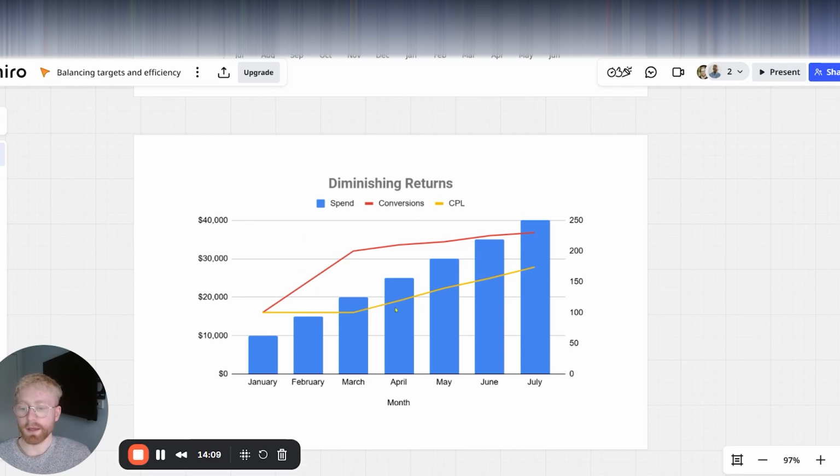And you can see it here, around April, if we spend $25,000, our cost per lead goes from 100 to 150 and our lead volume only goes from roughly 200 to 220.